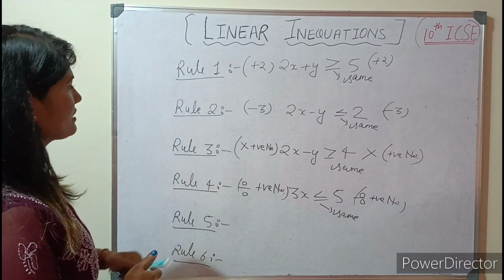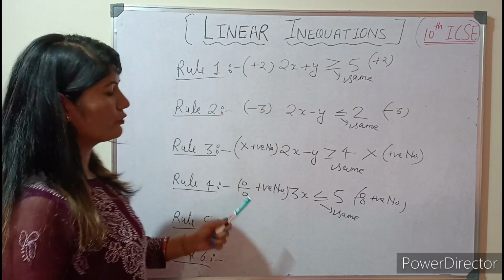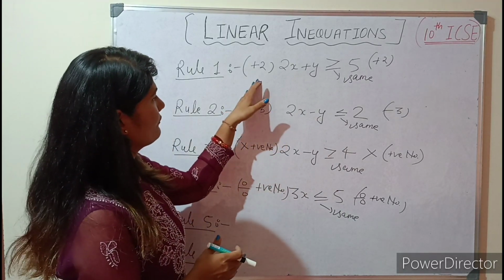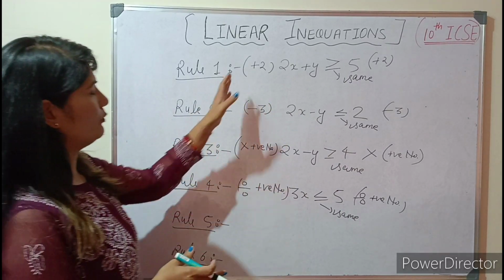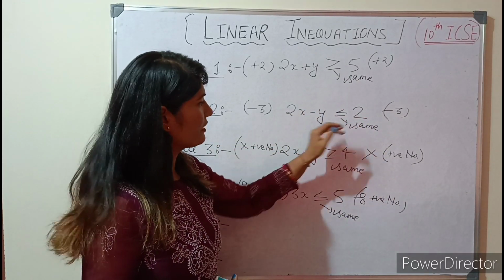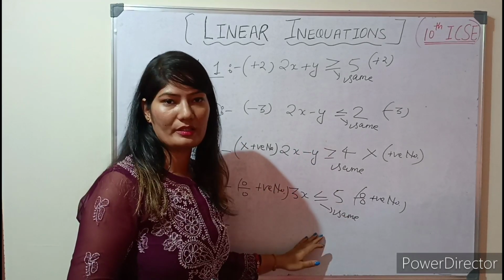Now if you see rules number 1, 2, 3 and 4, in all the 4 rules the sign will remain the same. It means that if you add the same number to both the sides, the sign will remain the same. In subtraction also the sign will remain the same. In multiplication and in division the sign will remain the same.